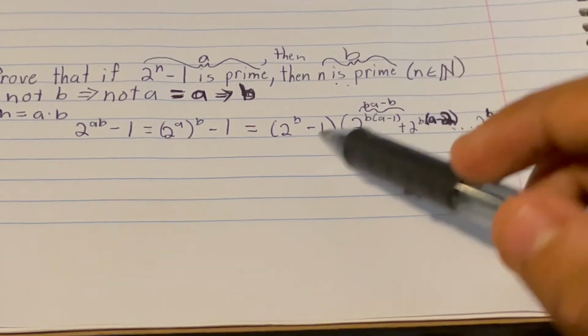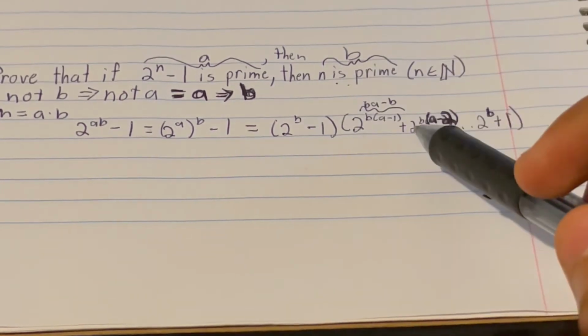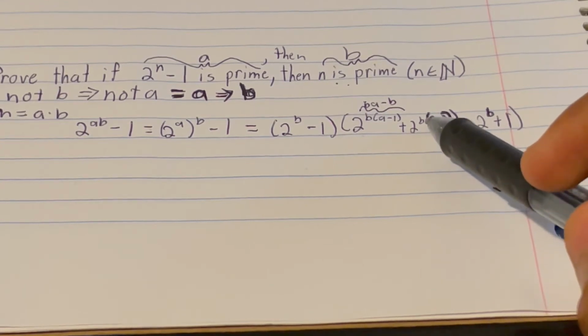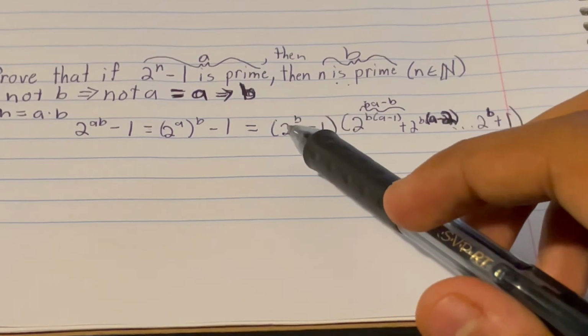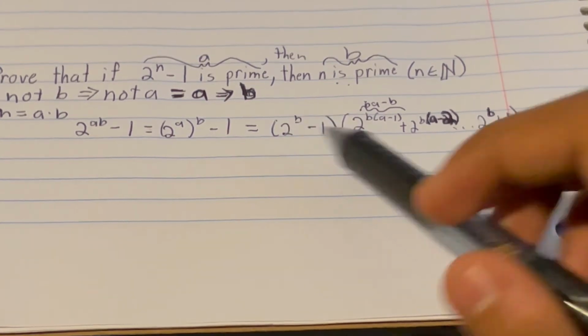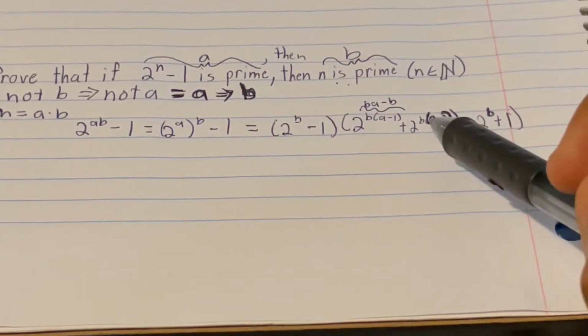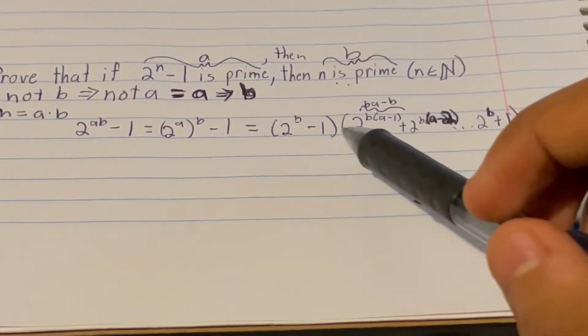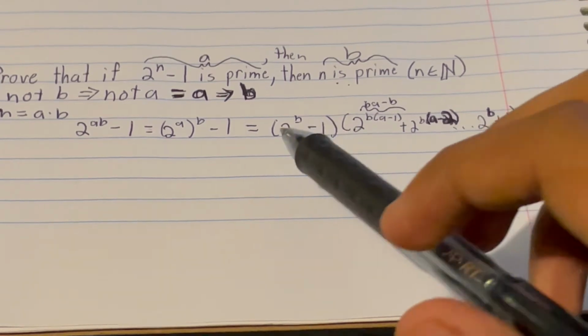So that's good. But when we multiply 2 to the power of b by the second term in the second parentheses, you get 2 to the power of ab minus 2b when you multiply this out, and then you have this 2 to the power of b. Again, same base, but the b and the ab minus 2b get added together, so you're left with 2 to the power of ab minus b, which is not what we want.